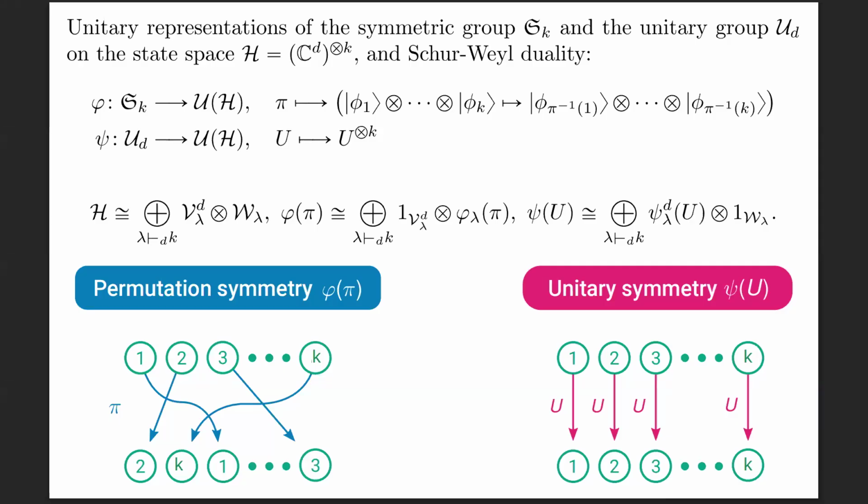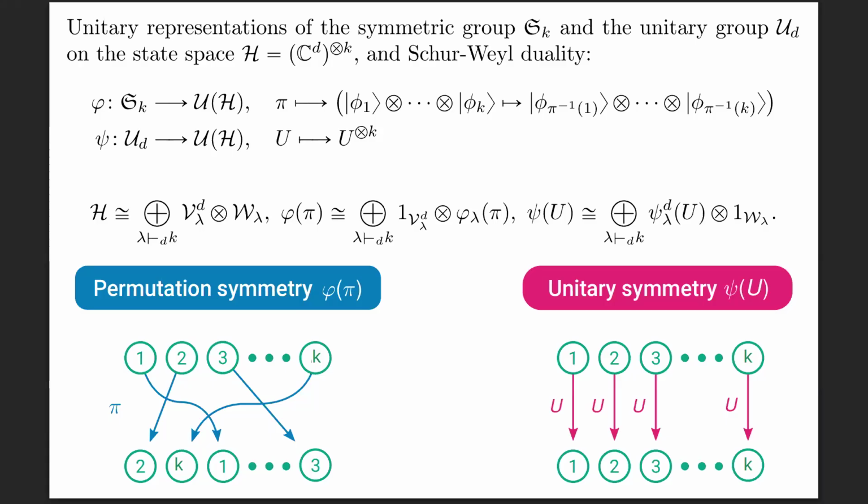So there is this very nice idea of unitary representations of the symmetric group applied to the K copies that exchange the copies, and unitary representations of the K-fold unitary group that are illustrated in these two below that apply the same unitary K times.